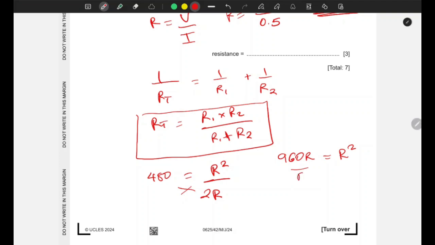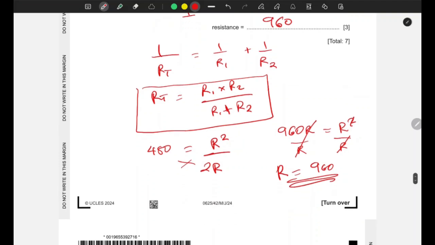So if we divide both sides by R, we can get rid of the squared. So the resistance of one lamp is 960. So that's going to be our answer. Both A and B have resistance of 960.